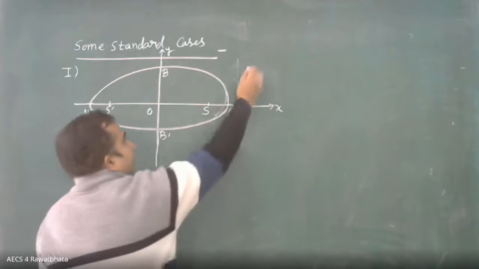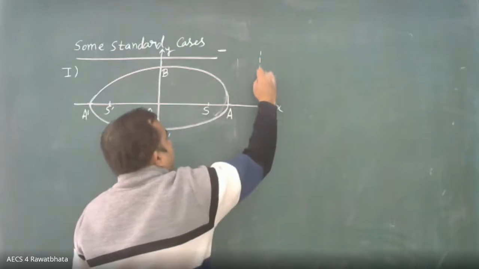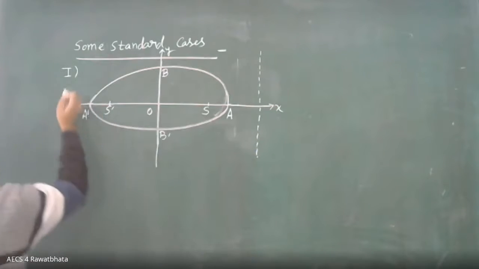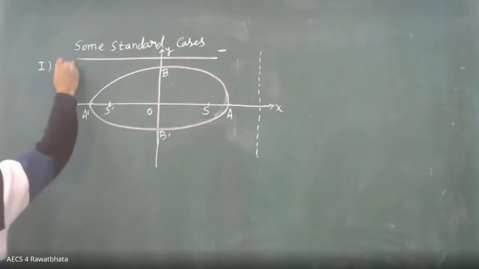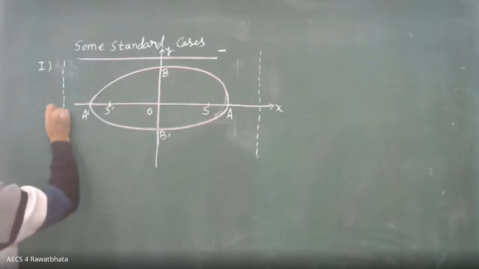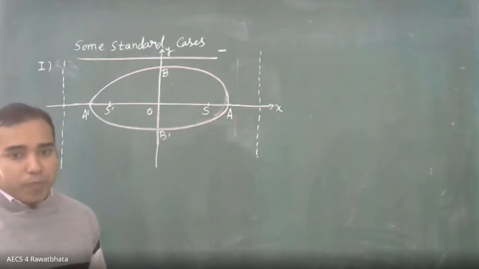Its directrices lie outside this ellipse. I am drawing them with a dotted line. This is the first directrix, because it has two foci, so it has two directrices also. This is the second directrix. And of course, the directrix is perpendicular to the axis of the ellipse.